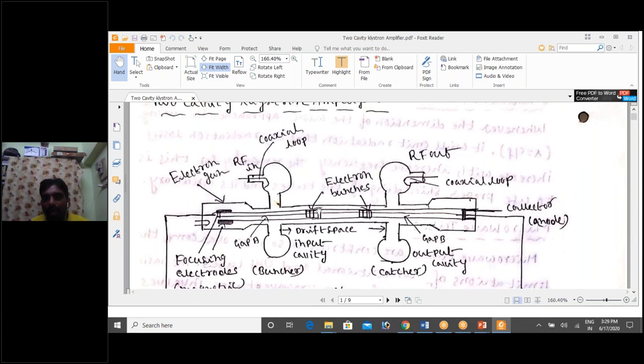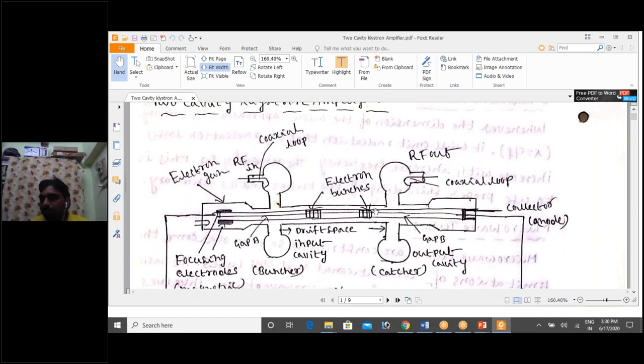At the input side we transmit these bunches: a number of electrons within the cavity gap form a bunch, and that is called the buncher cavity. These electrons are collected again at the output side in the form of a catcher, that's why we call it the catcher cavity. The catcher collects the electrons and sends them out again individually.